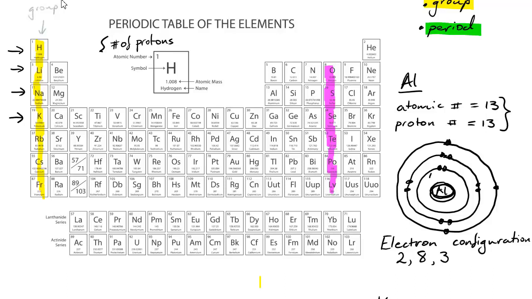Sulfur, as we go down, has 3 electron shells. Selenium has 4 electron shells, and so forth. As we go down the group, the size of the atom just gets bigger and bigger. So that's a special way in which groups are arranged. It's not just random. And of course, as we go across the period, there are more electrons being filled.